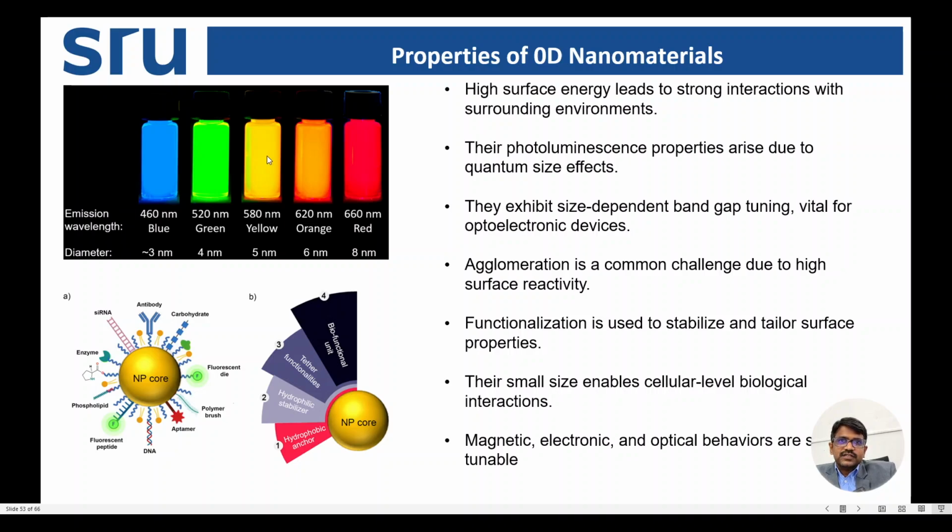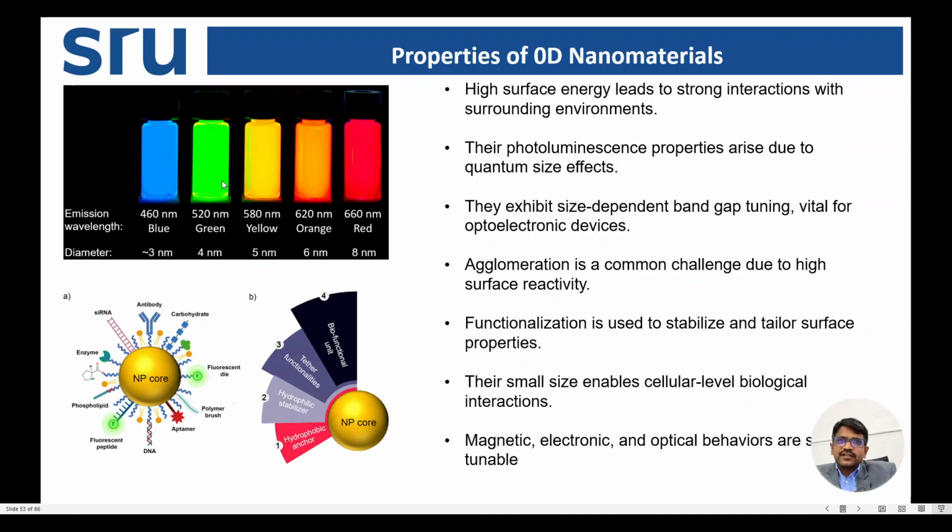Here, this is an 8 nanometer nanoparticle, 6 nanometer, 5 nanometer, 4 nanometer, 3 nanometer nanoparticles. A quantum dot itself is a nanoparticle or nanomaterial, so don't confuse the terminology.